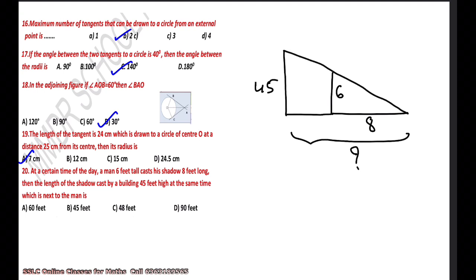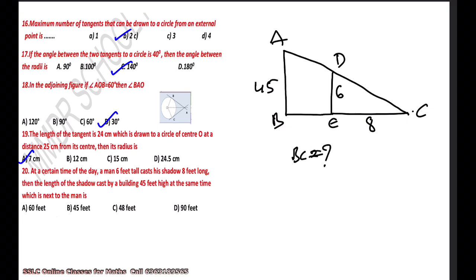If you join this, right, if I name this as A, B, C, this as D, E, we need to find out this length, that is BC. We need to find out BC is equal to how much. Fine.